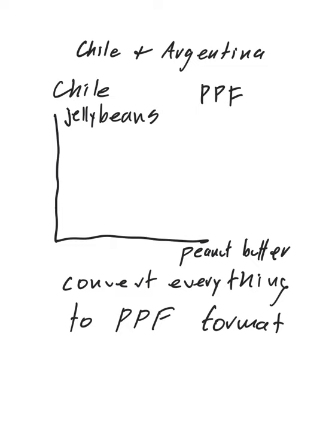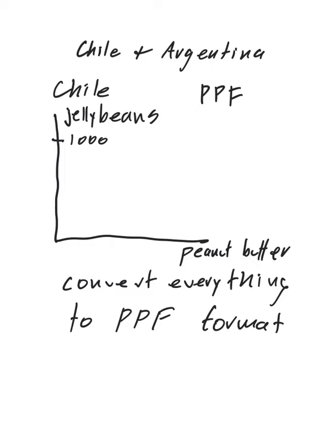In Chile, 1 hour of labor produces 1 pound of jelly beans, so that's easy. You've got 1,000 hours and each hour produces 1 unit of jelly beans, so maximum quantity of jelly beans that Chile can produce is 1,000. That's the max. That's where all labor is devoted only to producing jelly beans. It takes 2 hours of labor to produce a pound of peanut butter.